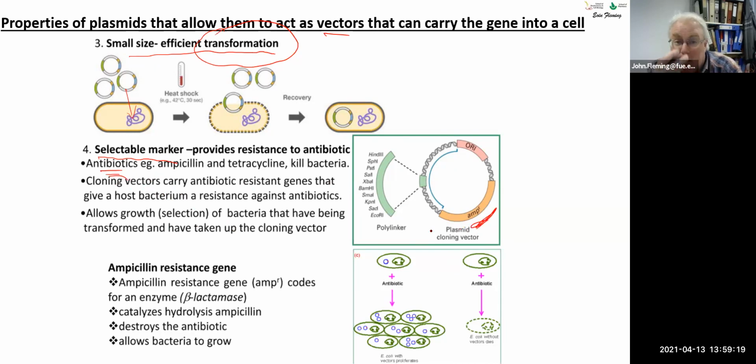This means that we can grow the bacteria in media that contains specific antibiotics, and the only bacteria that are going to grow are the ones that have the plasmid and have this selectable marker inside them. There are a number of other examples: tetracycline, chloramphenicol, and specifically for ampicillin, this is the molecular basis for the resistance that it confers.